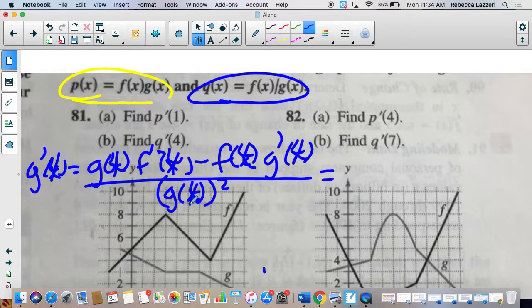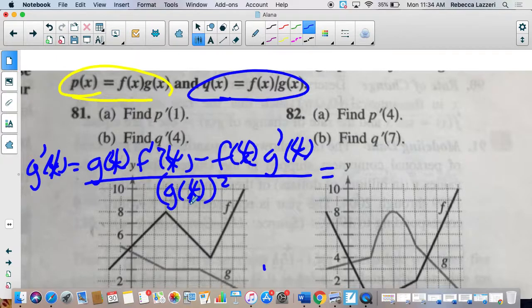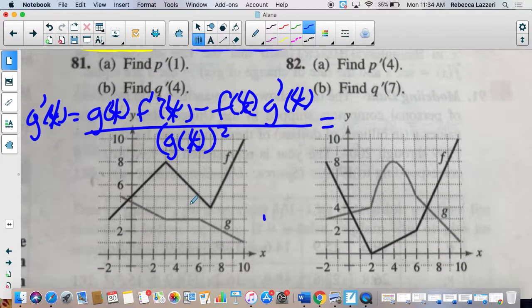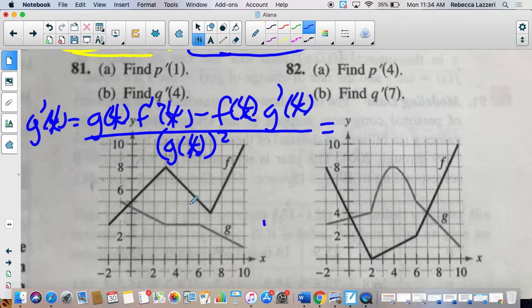All right, I haven't worked this one, so I can't even see. G of 4 is 3. G of 4 is 3. F prime of 4. So this is F of 4. And F prime of 4, let's take us down 1 over 1. It's slope minus. F of 4 is 7.